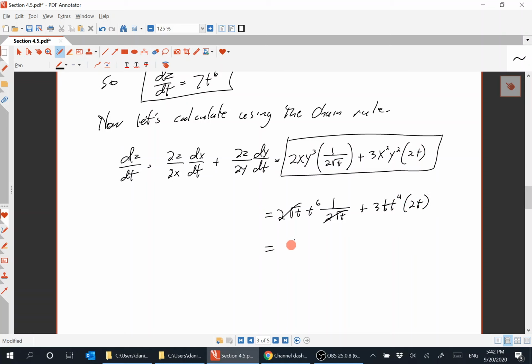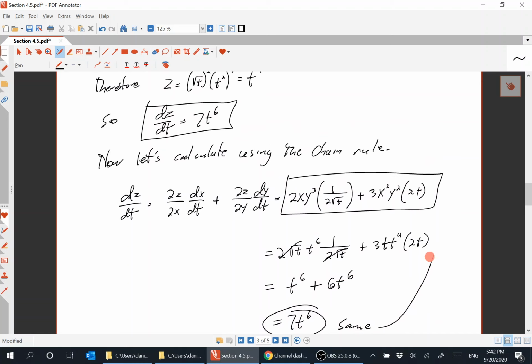So this is equal to t to the 6th plus 6t to the 4 plus 1, 5, 6, which is 7t to the 6th, same as before. See that?